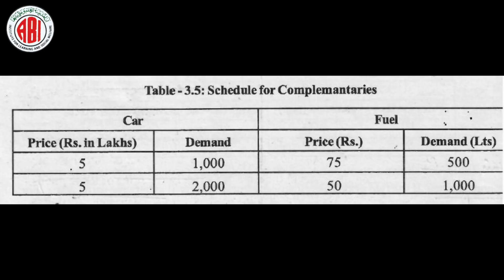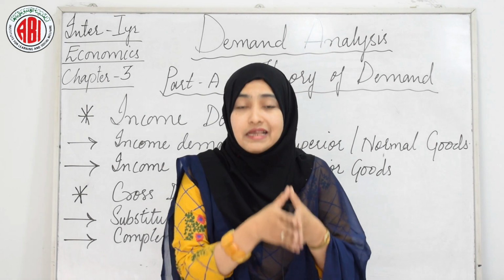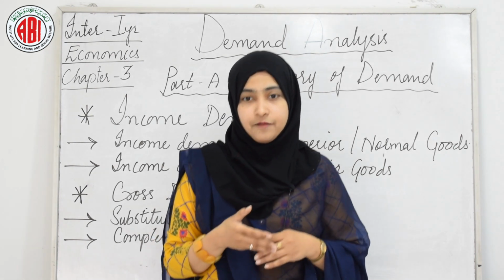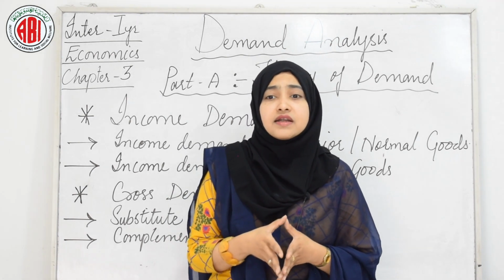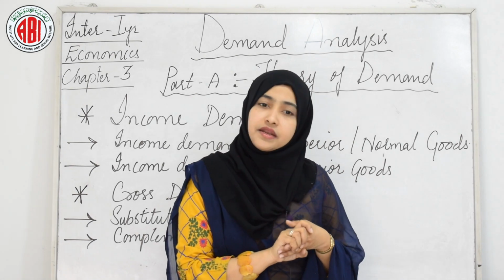See this table, it shows an inverse relationship between the price of fuel and the demand for cars. If the price of fuel decreases, the demand for cars may increase. Exactly. So the price of cars remaining the same, the demand for cars may increase.